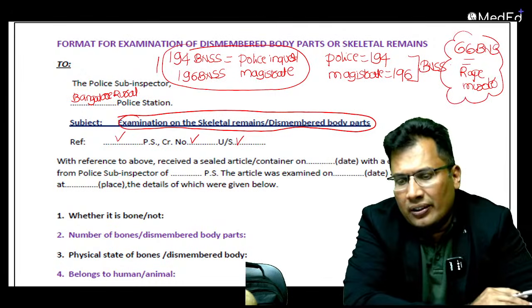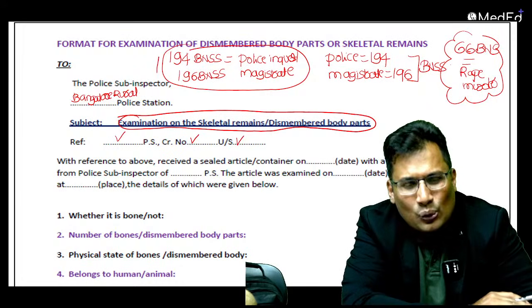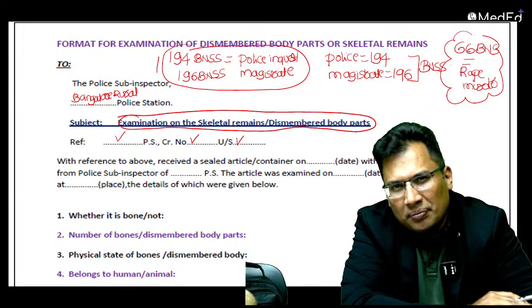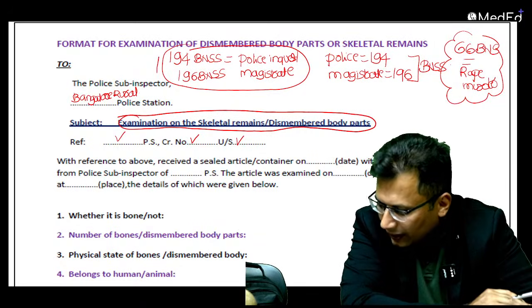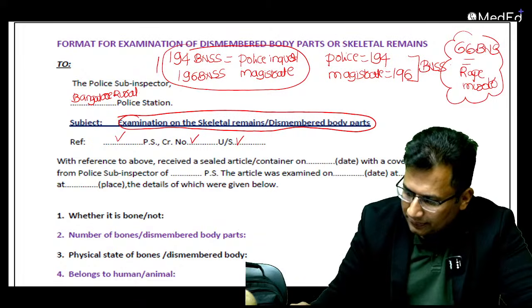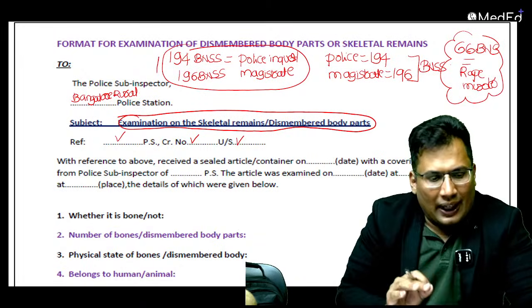Yes, Kushal Patel. You just write in the chat box, 66 BNS is equal to rape and murder, like Delhi gang rape case. Yes, Bhumika, Anu, excellent. That's great. Now you can write the same line in the exam.